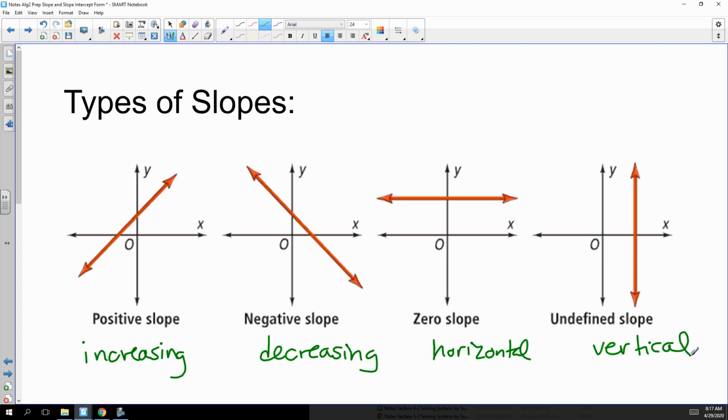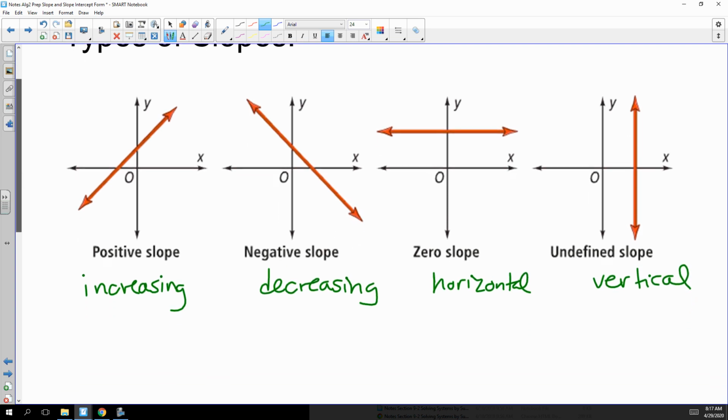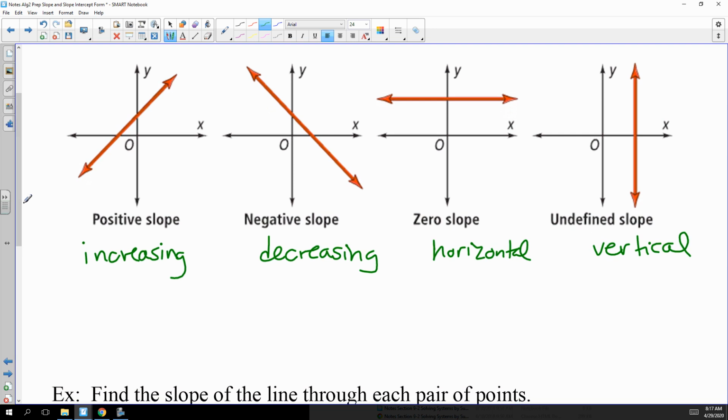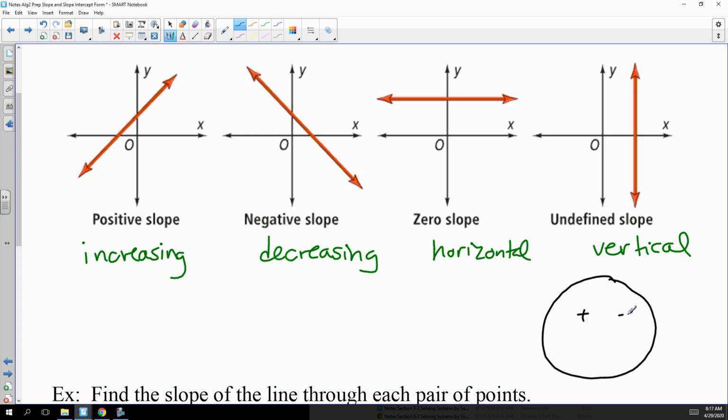Okay. I know that Ms. Mika has a way of showing you kind of how all of those can be related. So she'll kind of make a funny face like this. Positive, negative, undefined slope, zero slope, and I think she does it like this.